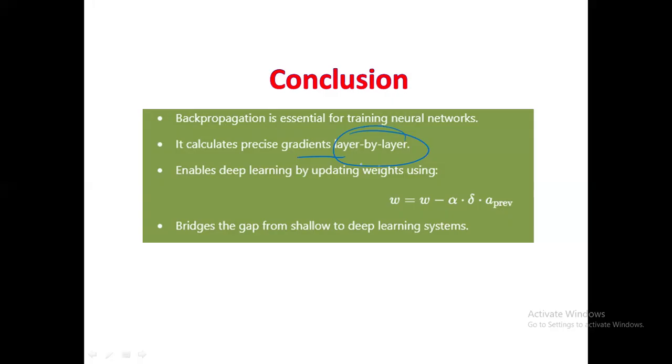The update rule is W equals W minus alpha into delta into a previous. It bridges the gap between shallow and deep learning networks, and it enables the network to reduce loss and improve prediction over time.